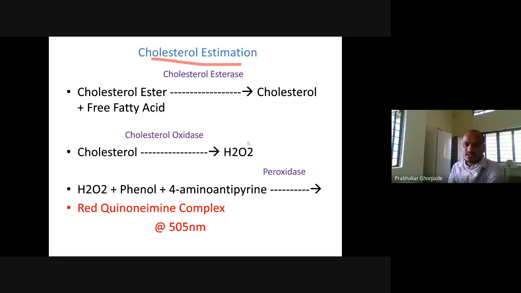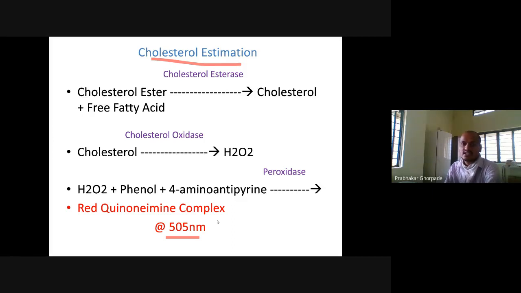Again, like the glucose test, this hydrogen peroxide will react with phenol and 4-aminoantipyrine, and we get the red quinoneimine complex. Because this is the same complex, we can read it at 505 nanometer. So this is the cholesterol estimation test principle.